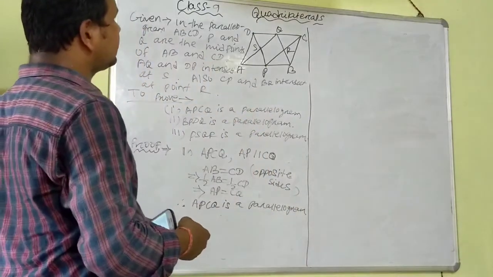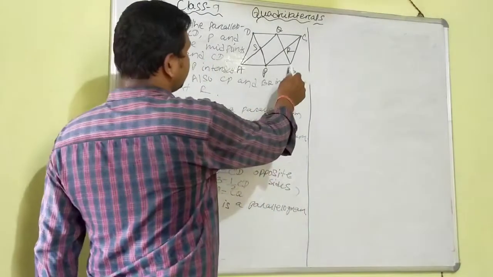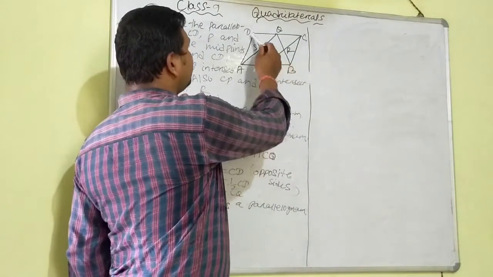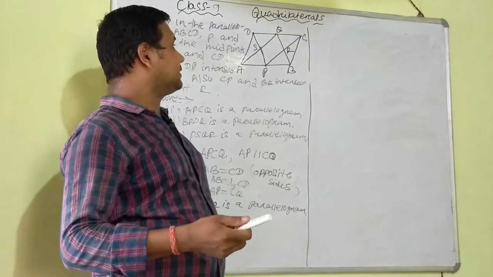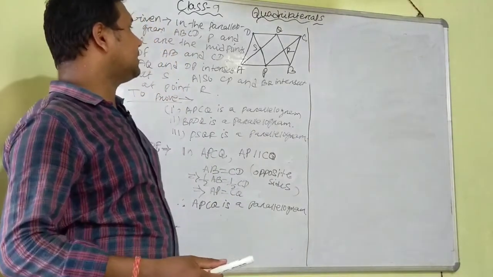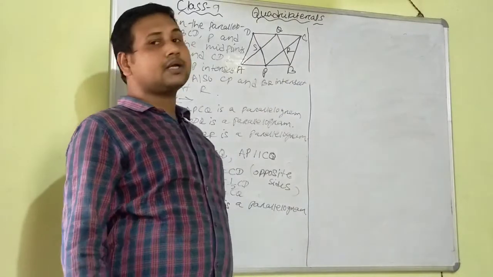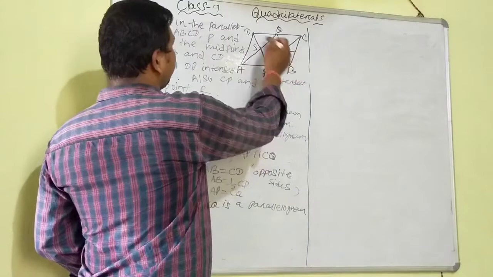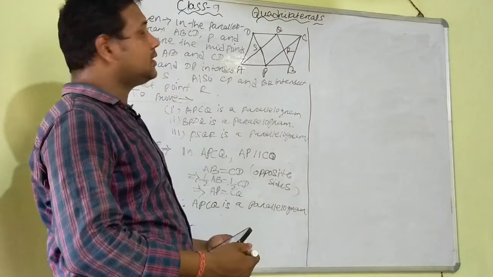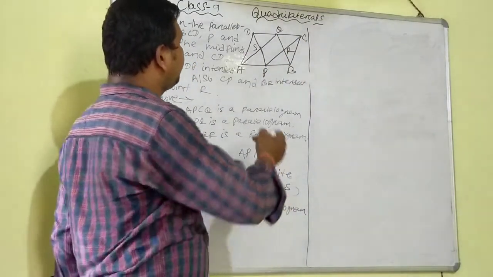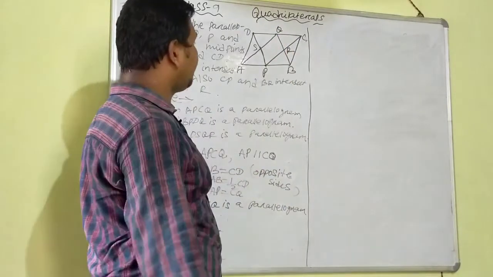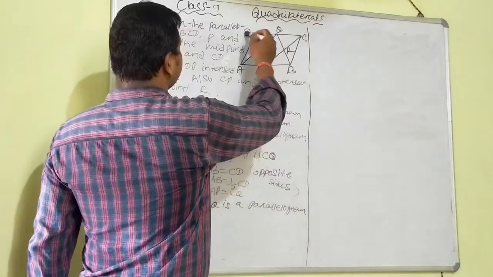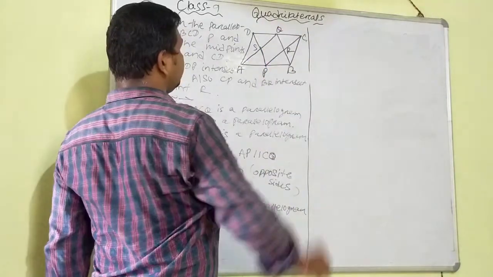In the similar process, we can also say BP parallel to DQ as AB parallel to CD, and part of AB and CD, that is BP and DQ, are also parallel. And we can say again AB equal to CD as opposite sides of a parallelogram are equal. So half of AB equal to half of CD. Instead of half of AB we can take BP, and half of CD we will take as DQ.